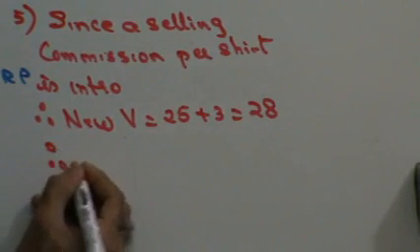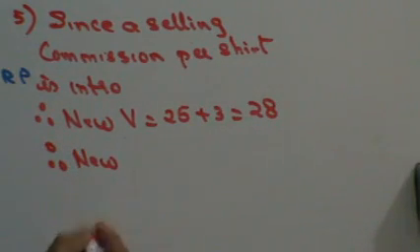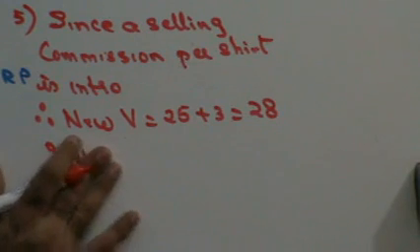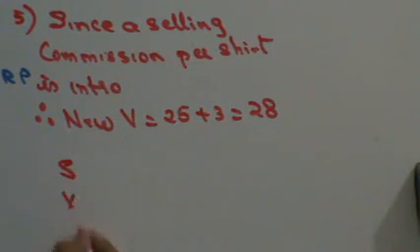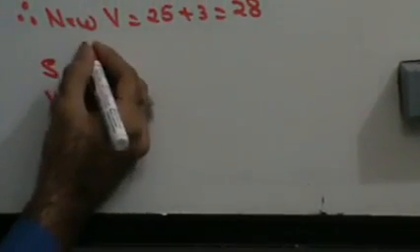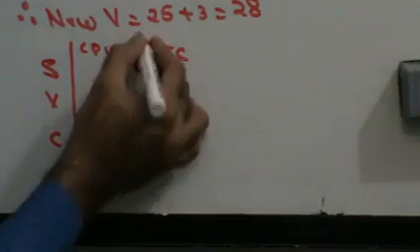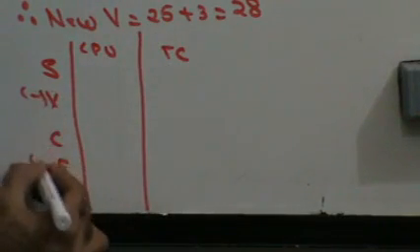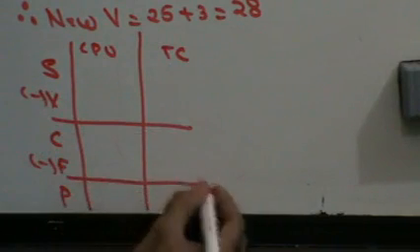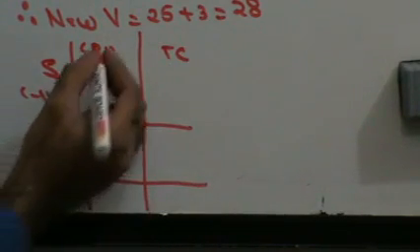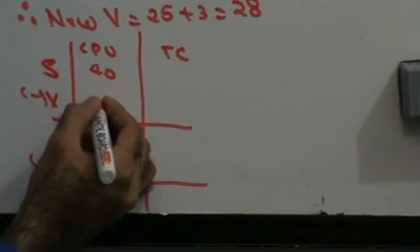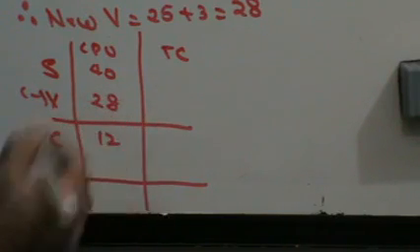So I can make the table: S, VC, F, P, CPU, TC. Right? Now they are saying that selling price per unit will remain the same. Variable cost becomes 28. So my contribution will become 12.